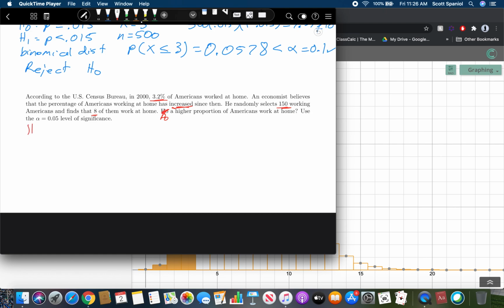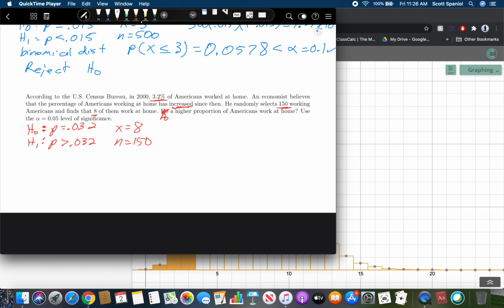Okay, so H naught would be P equals 0.032. H1 is P is greater than 0.032 because he thinks it's increased. Our X is 8. Our N is 150.